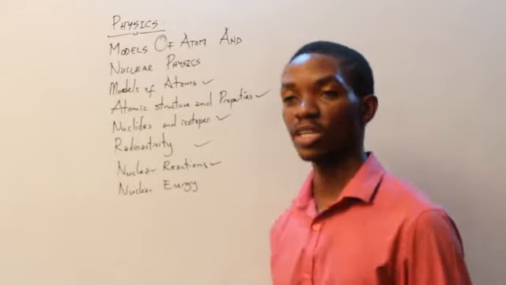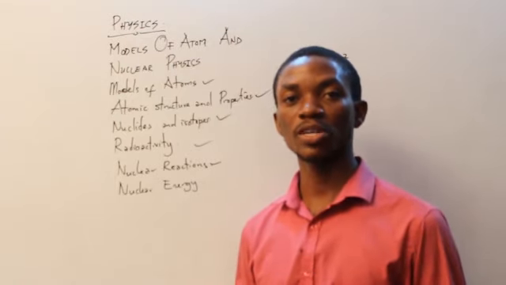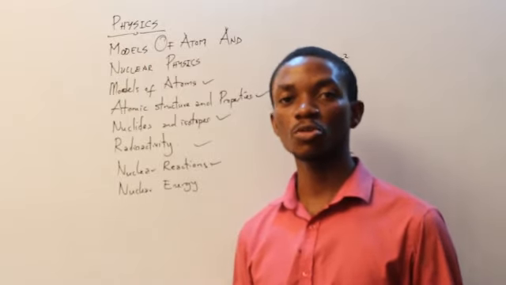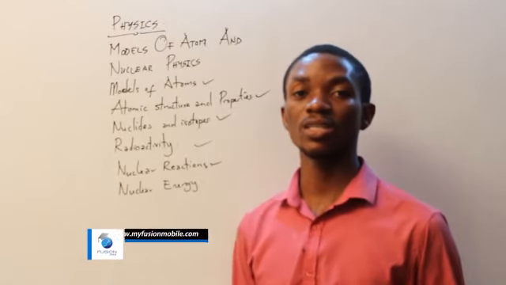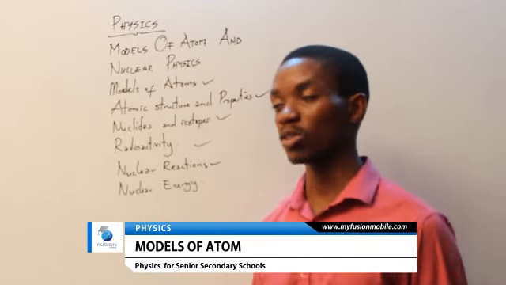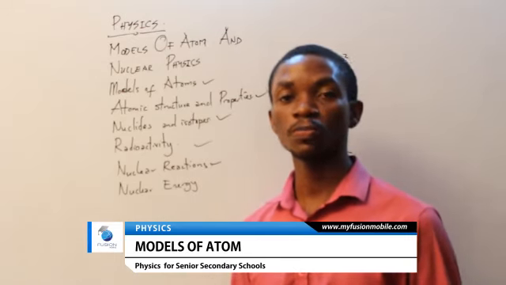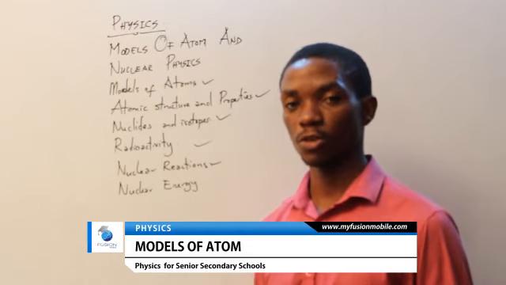We then looked at radioactivity, that's the ability of a substance to break down because it is unstable, and it splits into 2 or into other parts. And then we looked at nuclear reactions, the types being fission and fusion, and we explained that fusion produces more energy than nuclear fission.